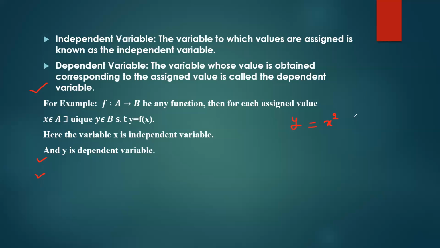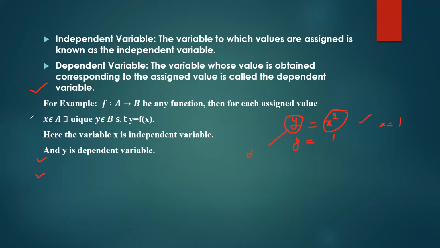If we give the value of x, then we get the value of y. Suppose we take the value of x as 1. So we get the value of y, which is 1. It means the value of y is dependent on the value of x. So we can say that y is the dependent variable and x is the independent variable. Is it clear now?